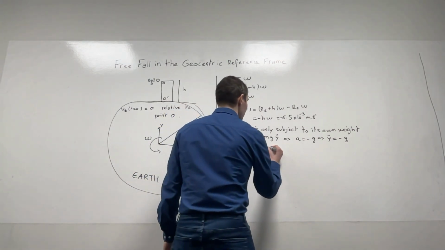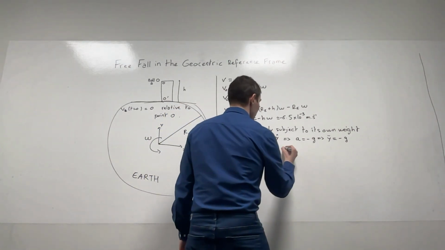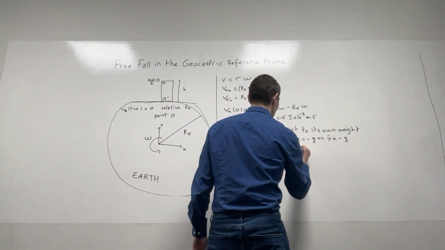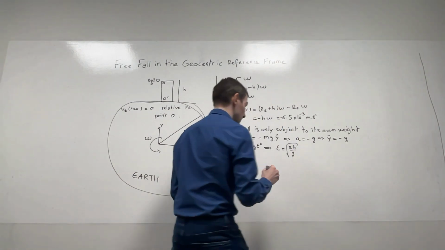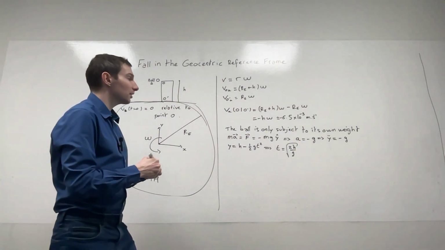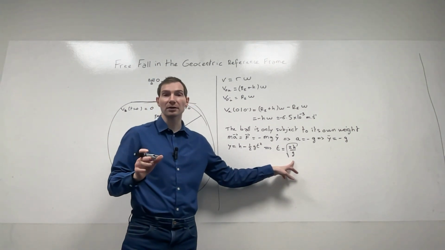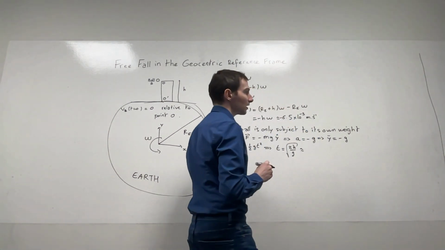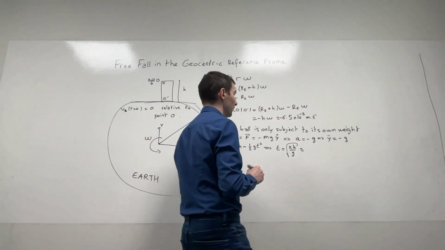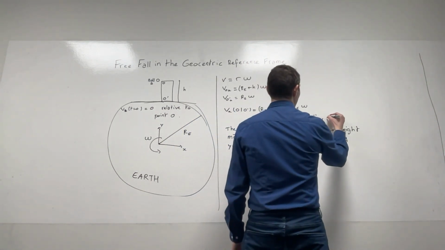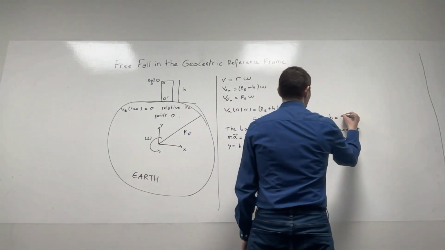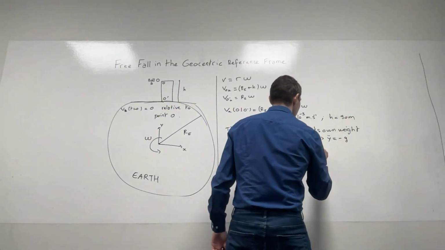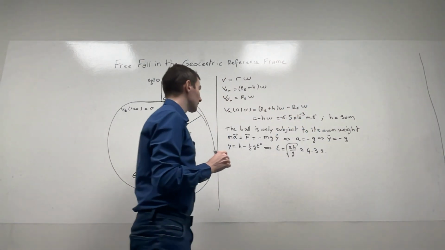And so what we get from it is that the time it takes for the ball to reach the ground is the square root of 2h over g. Now, if you plug in the numbers, here g I've taken as about 9.8, and with h equal to 90 meters, you're going to find 4.3 seconds.